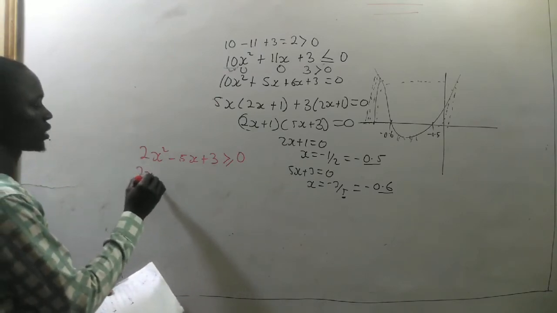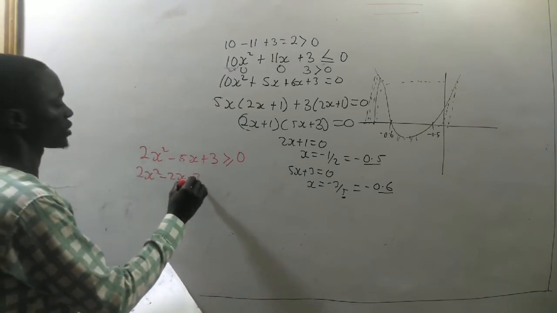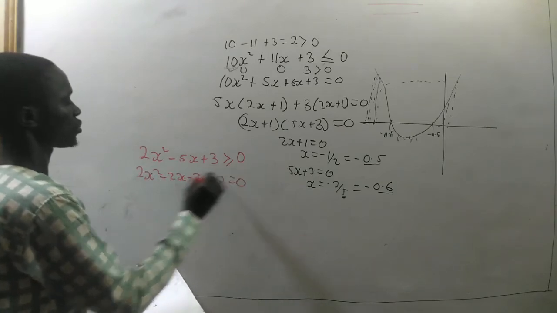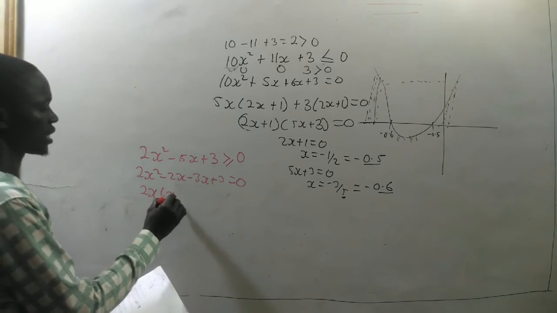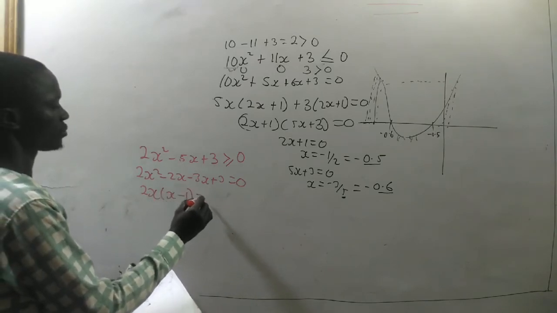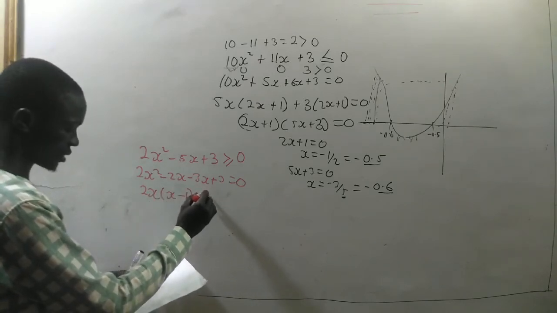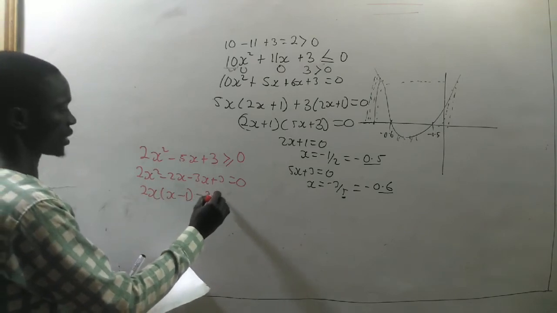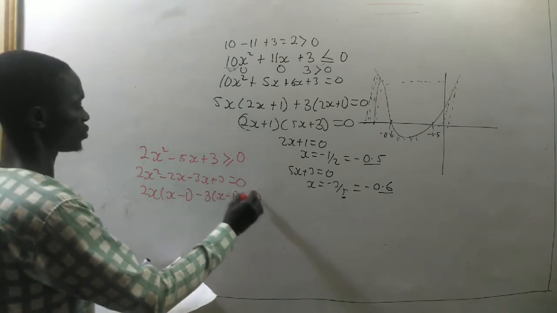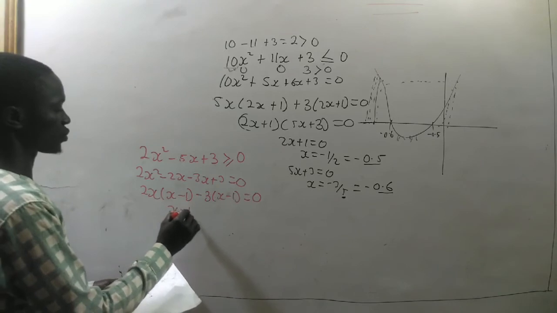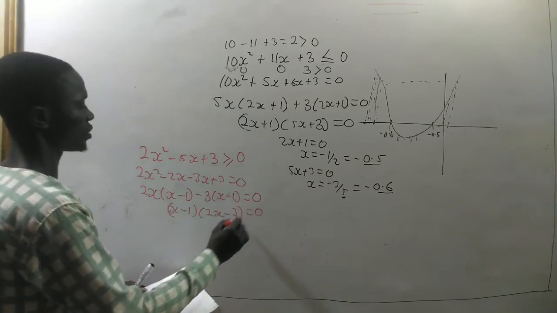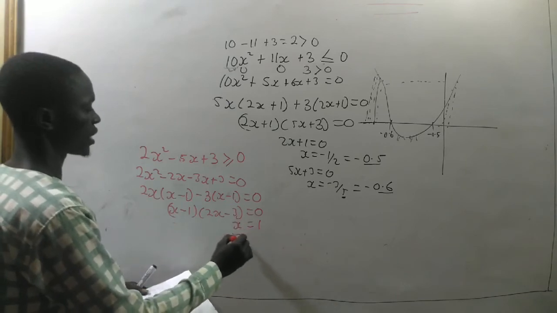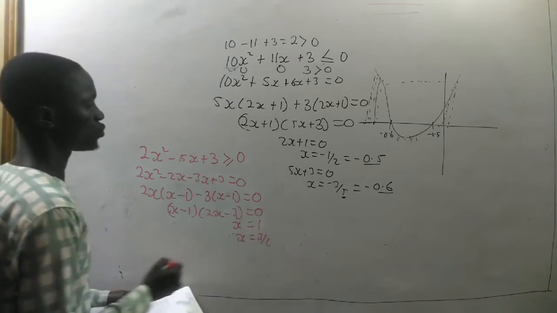So 2x squared minus 2x minus 3x plus 3 is equal to 0. I have 2x into brackets, x minus 1 minus 3 into bracket x minus 1 is equal to 0. I have x minus 1 times 2x minus 3 is equal to 0. x is equal to 1. x is equal to positive 3 on 2.